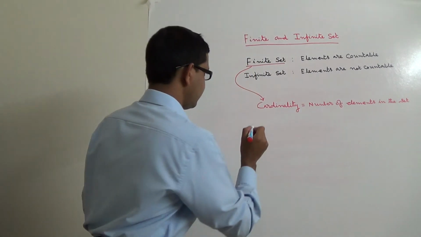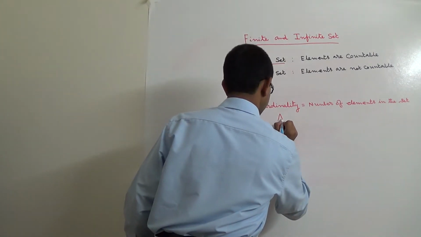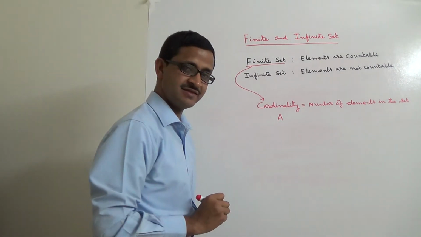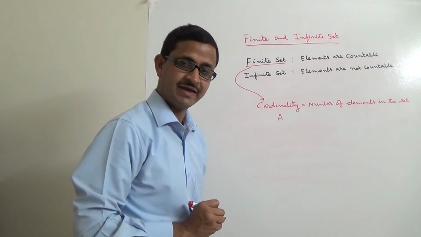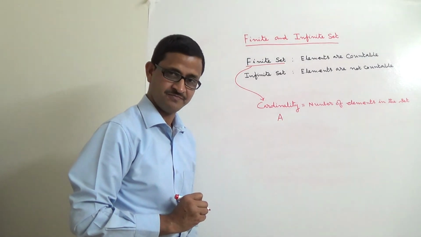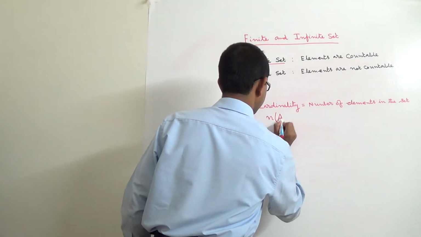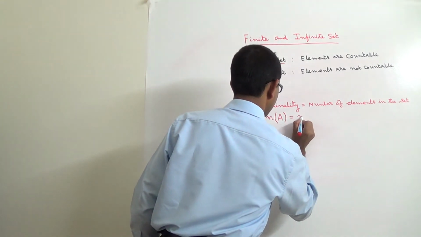So if the set is A and it has m number of elements, its cardinality is denoted by n of A, which is equal to m.